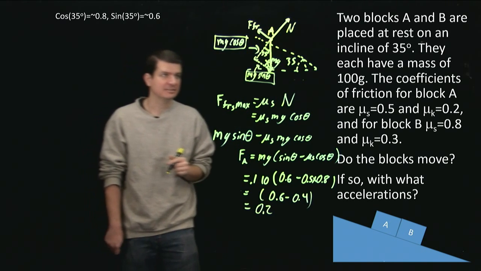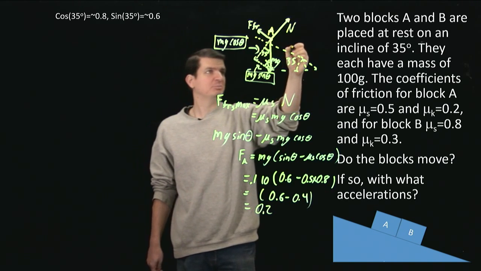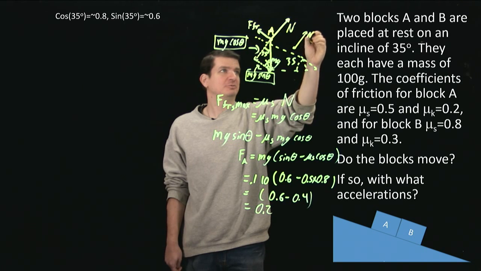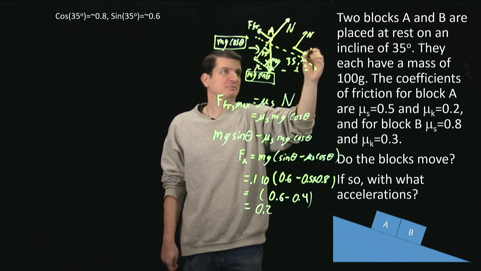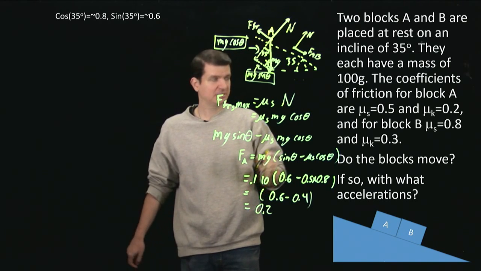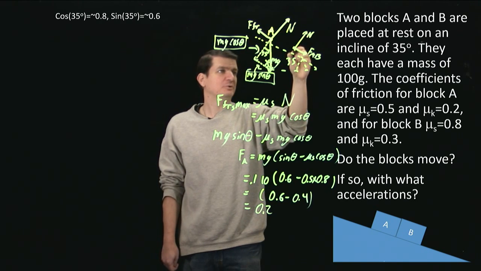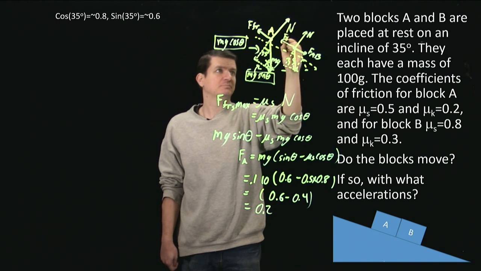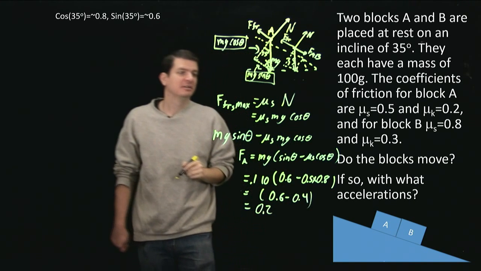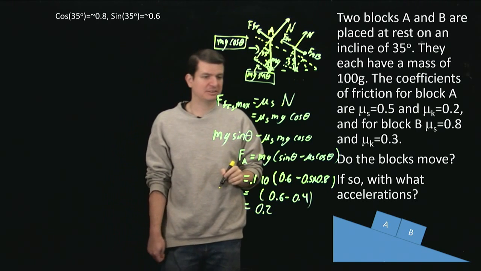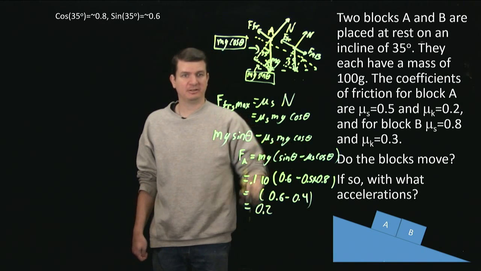Now what that means is, when we think about block B, we know that there's a normal force, a force by A on B, which we've just actually computed, a force of gravity, which decomposes in the same way, and a force of friction. So if we want to know if block B slides, then it's a little bit different to this equation here.